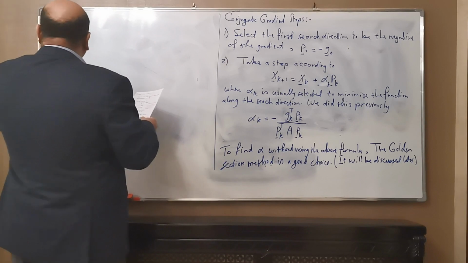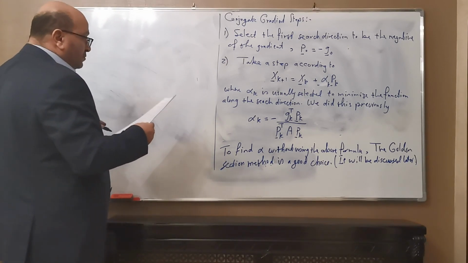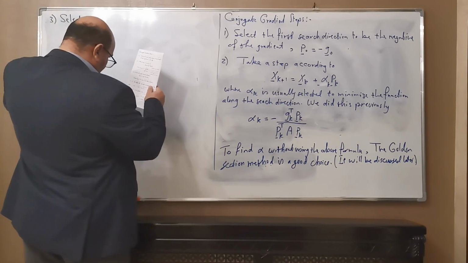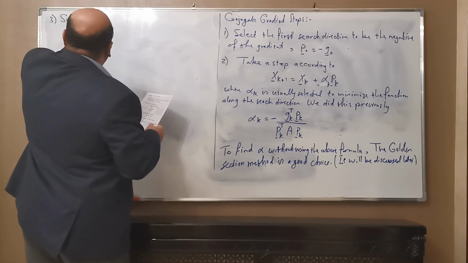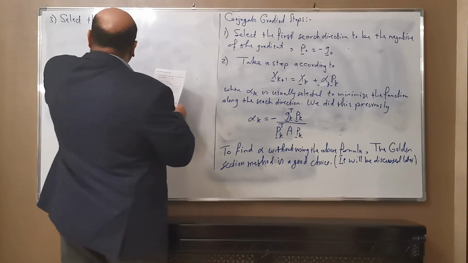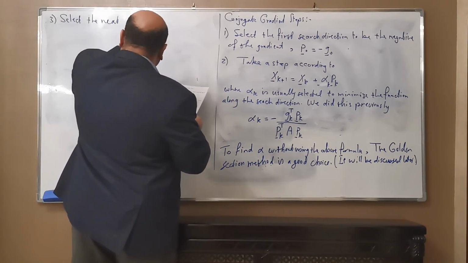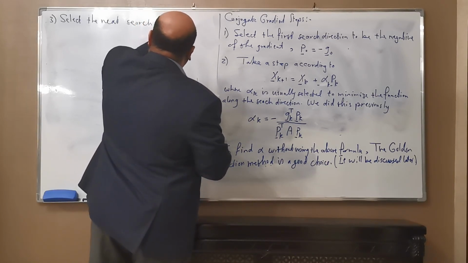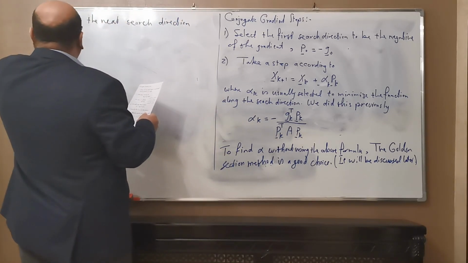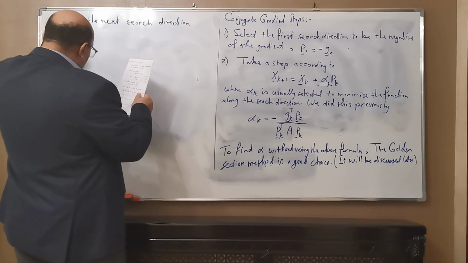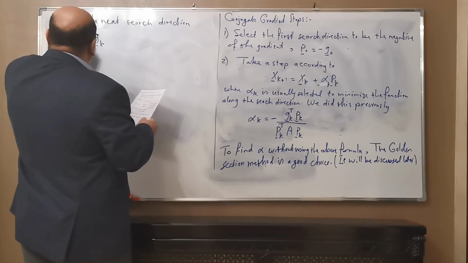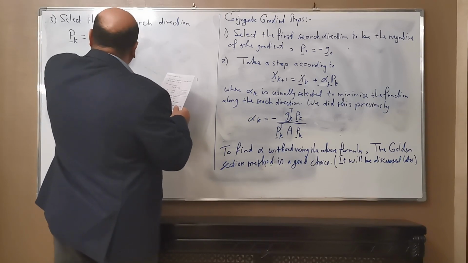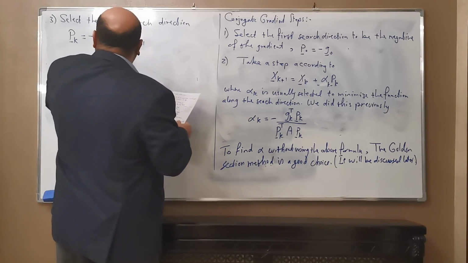Okay. So step number 3, we have to select the next search direction, and next is pk equals minus gk plus beta k pk minus 1.